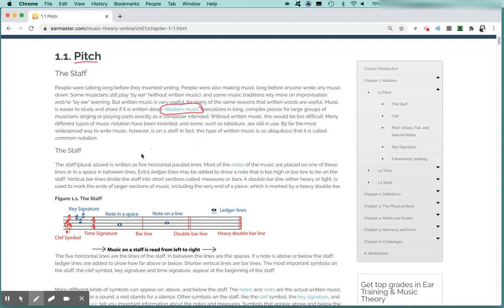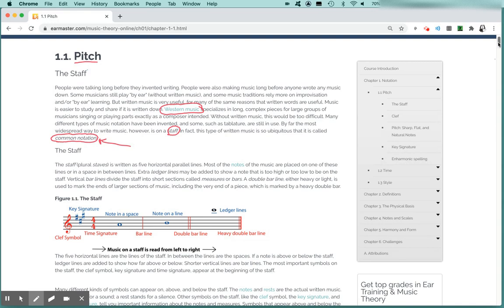So music is written on a staff. If I'm circling these things, you need to know what they are. This system that we use to write music is called common notation.